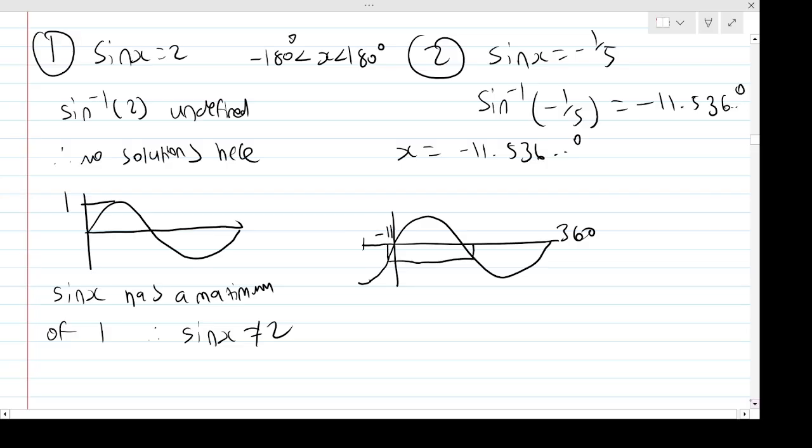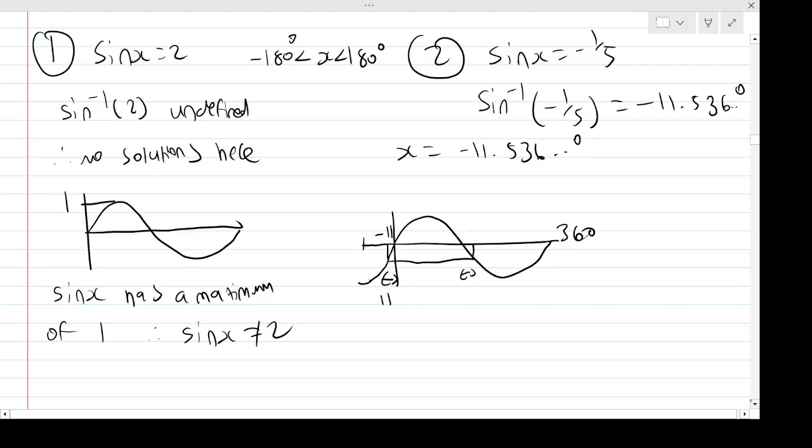So then for this next solution here for x, again the symmetry in the middle of the hump is the same, which means the gap between minus 11 and when it reaches 0, that gap would be 11, right? That is the same gap then between 180.